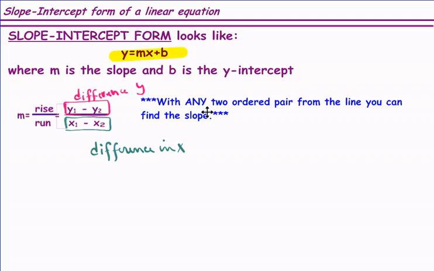We'll talk about the formula more later. I just want you familiar with the idea that slope is the difference in the up and downness over the difference in the left and rightness.